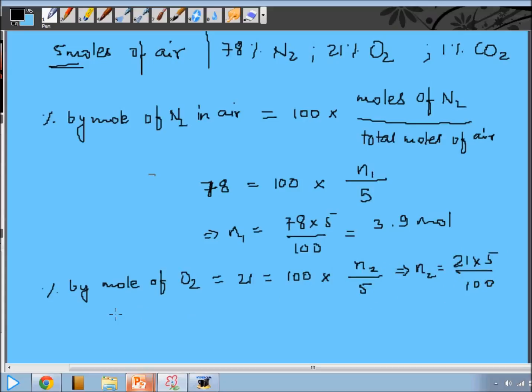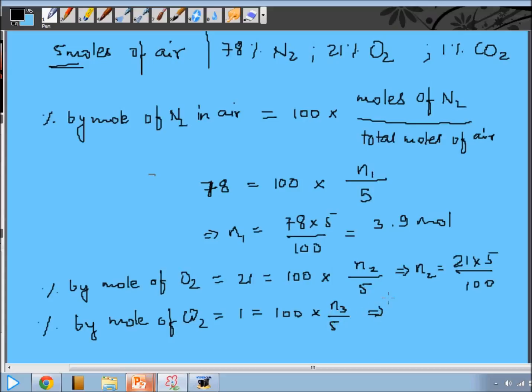Similarly, I can calculate percentage by mole of CO2, which again is given to us, and it is equal to 1%. Its formula will be 100 multiplied by moles of CO2 in your air sample, let's say N3, divided by total moles of air, that is 5.